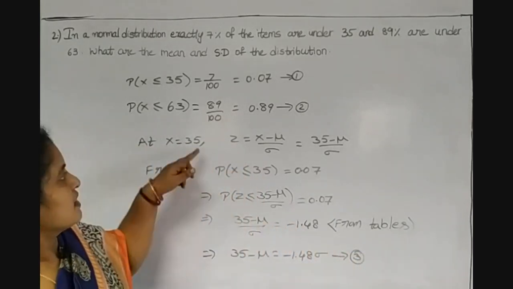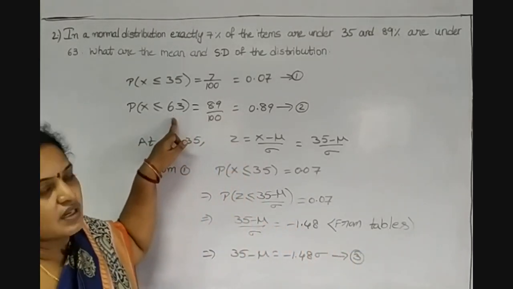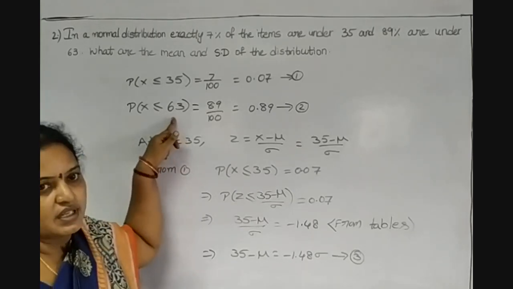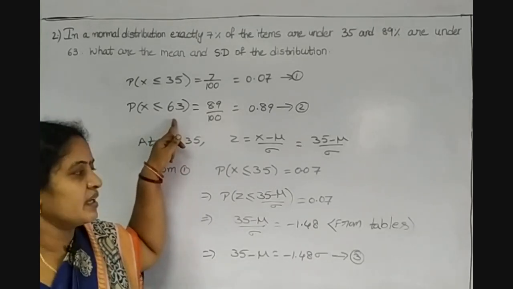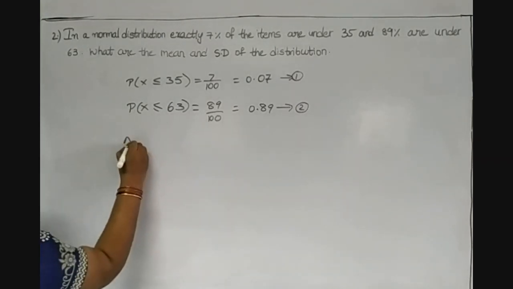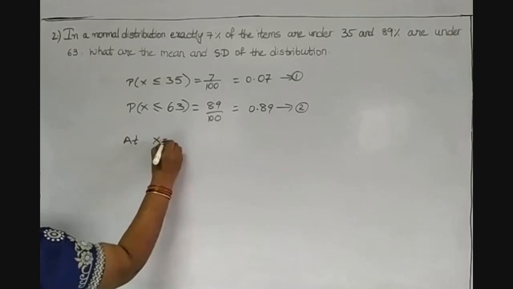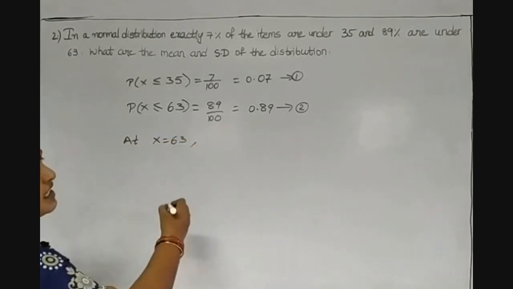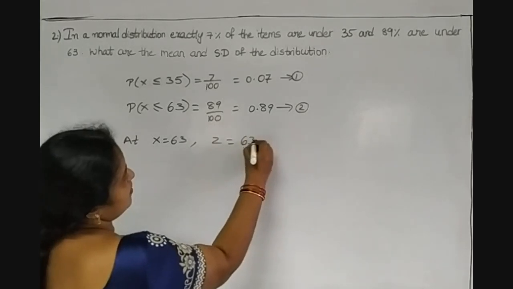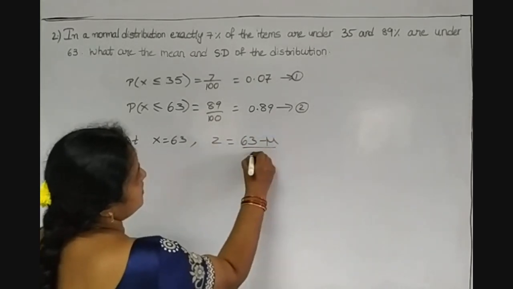Next again we have to find out at X equal to 63. Convert that into a normal variate. At X equal to 63, capital Z is 63 minus mu divided by sigma.